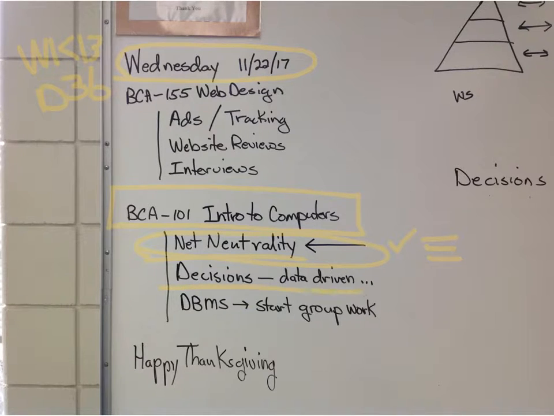We talked about decision making and technology and information systems, and then we started, we didn't get very far, as group work, but we did some work, database management system. And it's almost Thanksgiving.